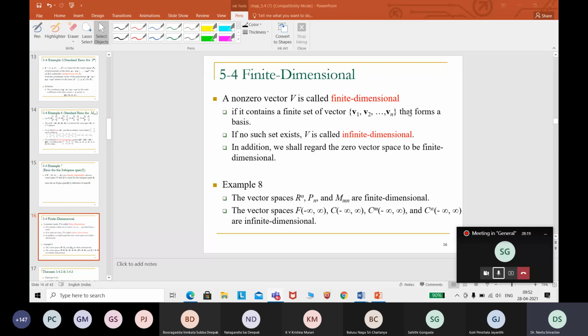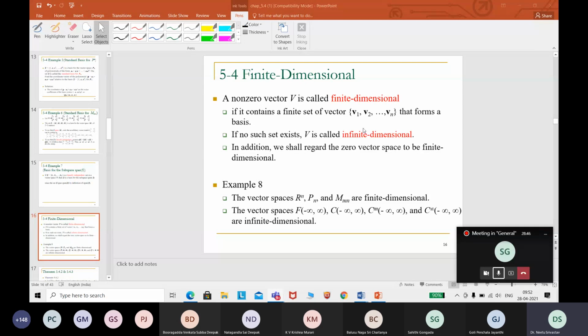If it has a finite basis, then it will be finite dimensional. Infinite dimensional means no such finite set exists. If you don't have any basis with a finite set of vectors, then it is infinite dimensional. The zero vector space is called finite dimensional because it has a basis with a limited number of elements.